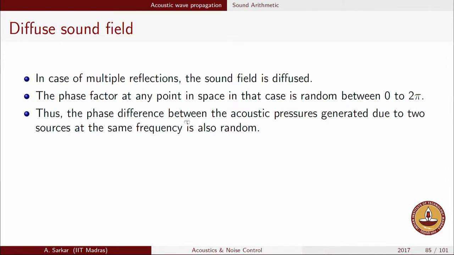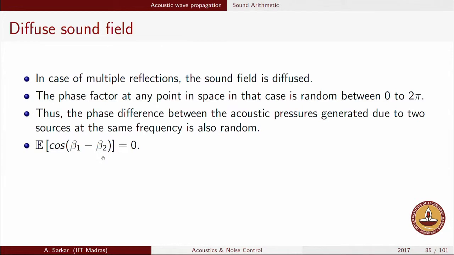So, the phase difference between the acoustic pressure generated due to two sources of the same frequency under this diffuse sound field assumption is therefore going to be random between 0 to 2 pi. And once you invoke this assumption, then you can say that the expected value, expectation in the sense of the theory of random variables, of this factor, which was sort of playing a spoil sport for the mean square addition law, can now be killed to 0.